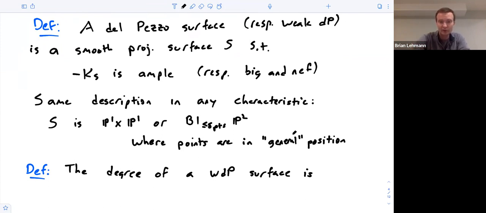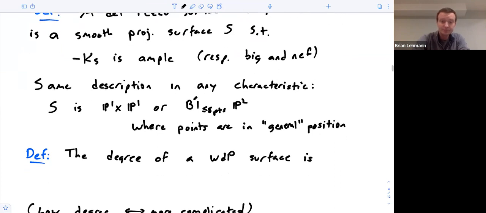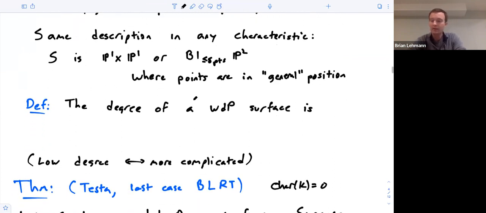In any case, they're almost all blowups of P2. Then the degree of a weak del Pezzo surface, I'm going to denote the degree by d, usually. And it's just the square of the anticanonical. So for example, P2 has degree 9.